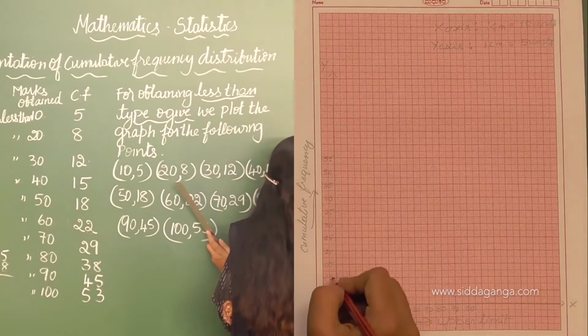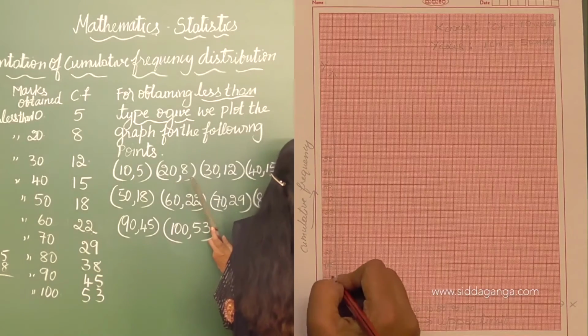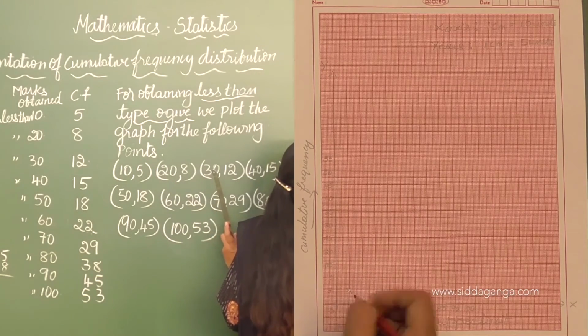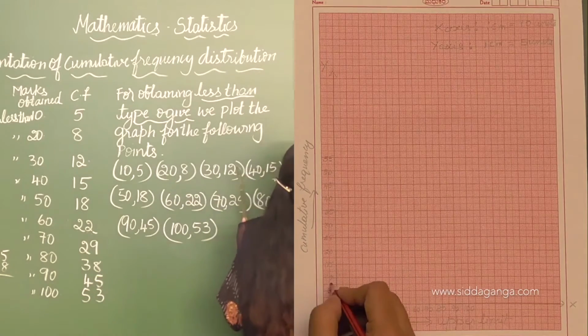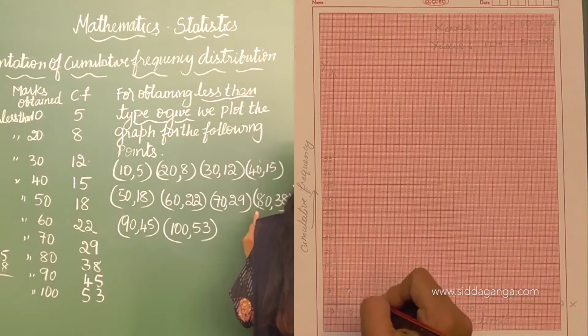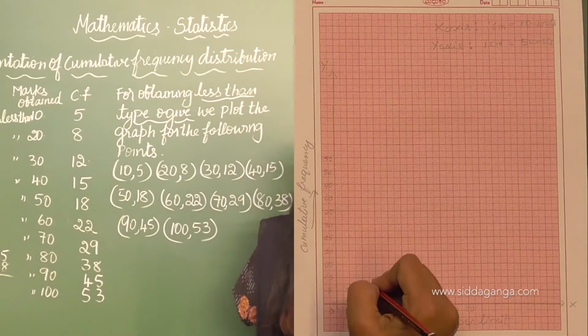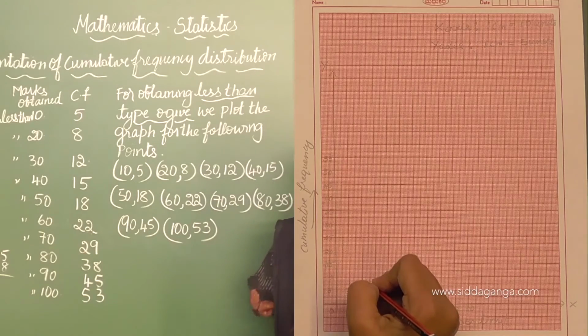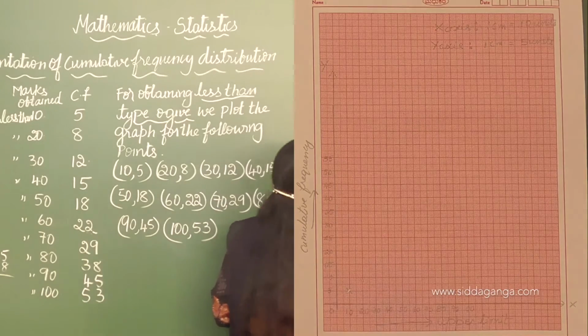So for 2 divisions 1 unit. So 2 divisions 1 unit means this is 5. For 28 it will be 2 divisions, so somewhere here you can mark.